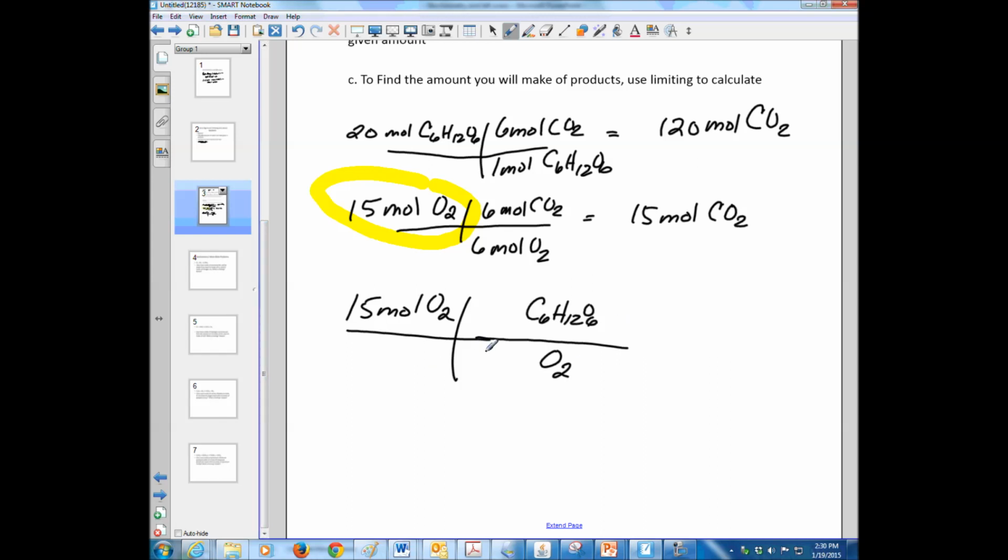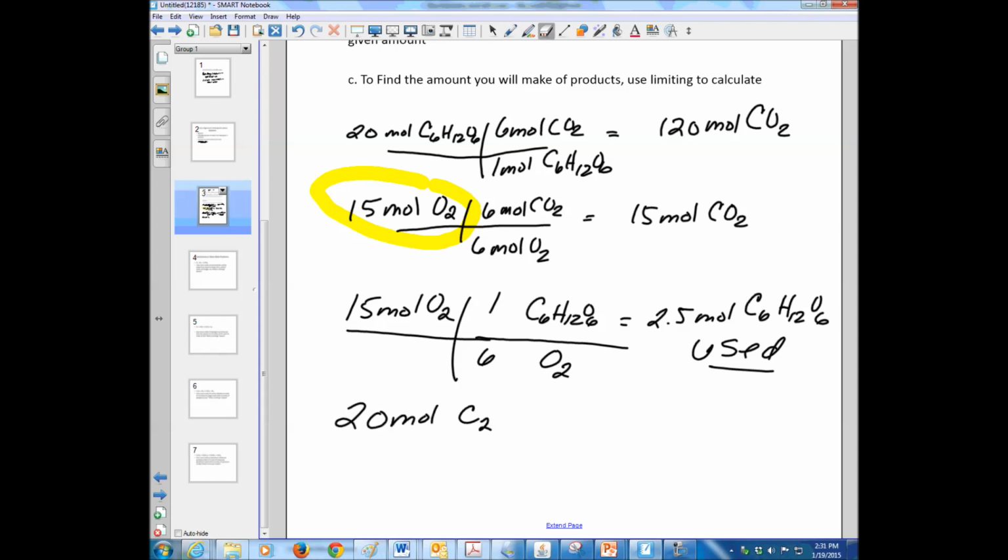So for every 6 oxygens, 1 glucose will be used, and we get 2.5 moles of C6H12O6 that will be used. Now, if I want to know excess, I have to know what I started with. I started with 20 moles of glucose, and I used 2.5 moles. So what's left over? 17.5 moles of glucose.